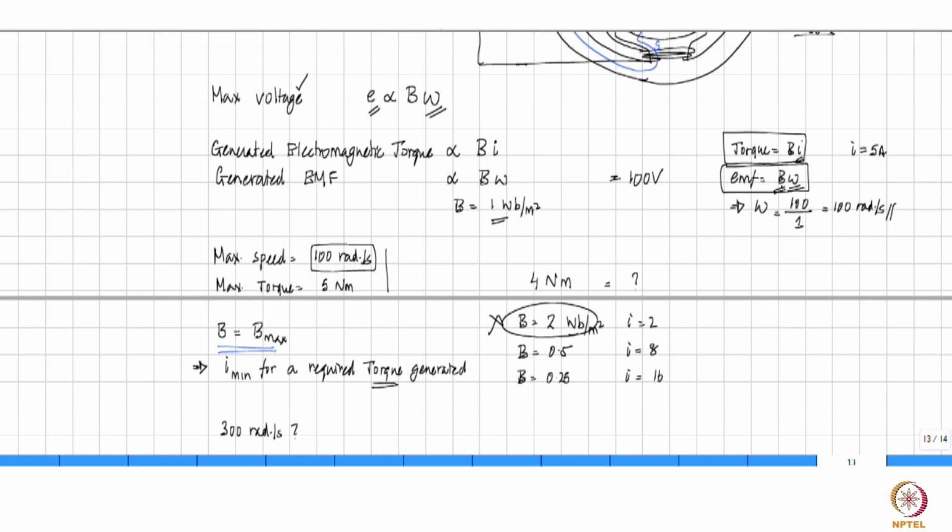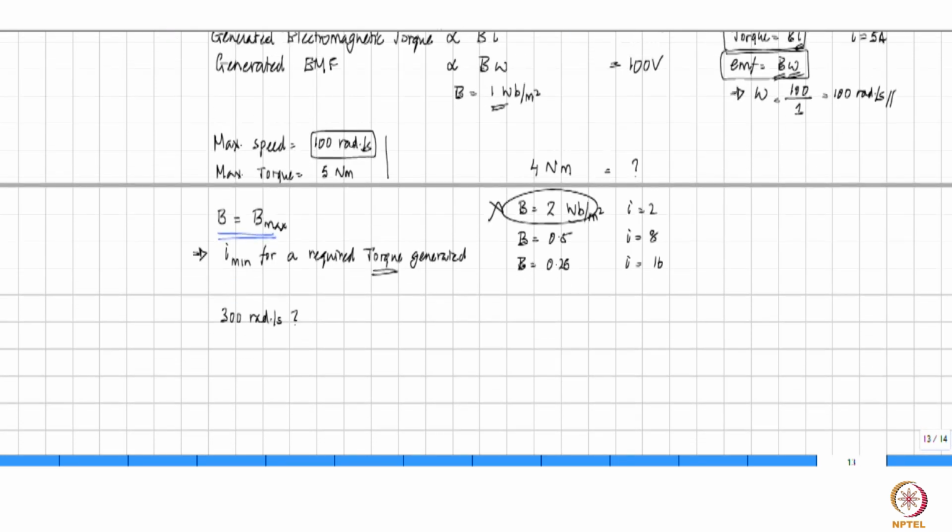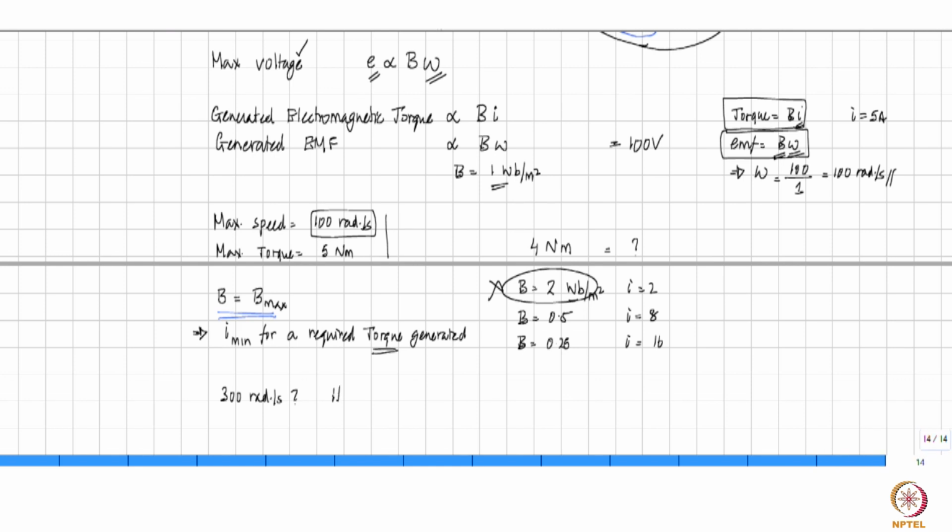There are some other elements in the machine which will decide what is the maximum voltage the machine can withstand, and therefore you can go to higher speeds. Higher speeds are possible if magnetic field is reduced.